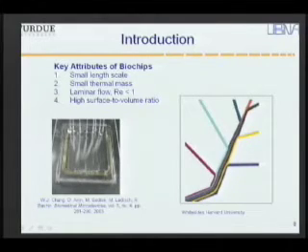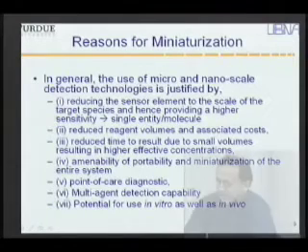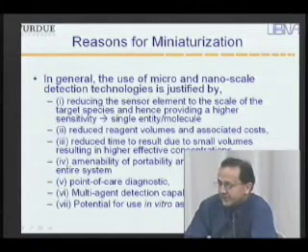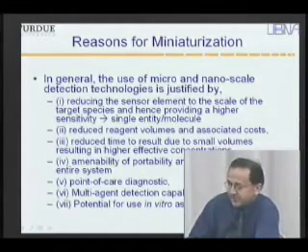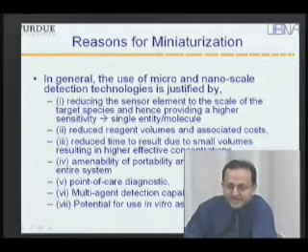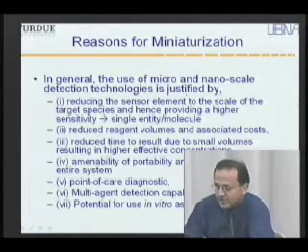So some of the reasons for miniaturization include the following. The use of micro and nanoscale detection methods is really justified by the following reasons. First of all, if you reduce a sensor element to the size and scale of the target species, then that will provide you with higher sensitivity. And conceptually, that makes sense, and that's pretty straightforward. So you can try to get to single entity or single molecule detection.